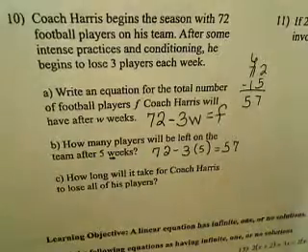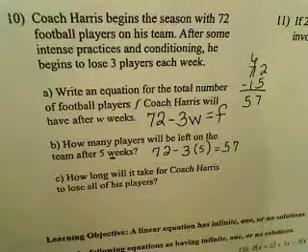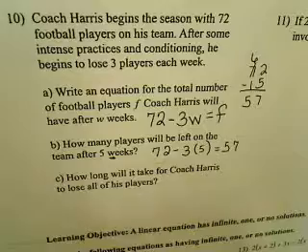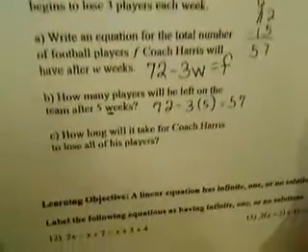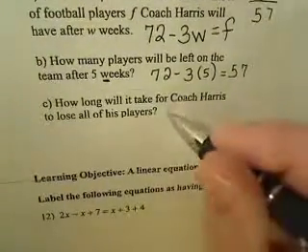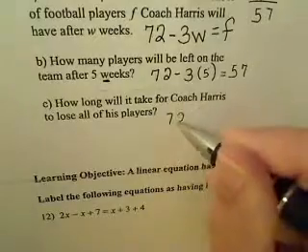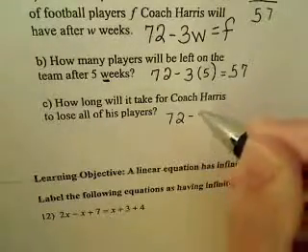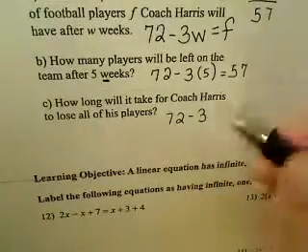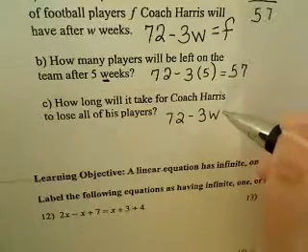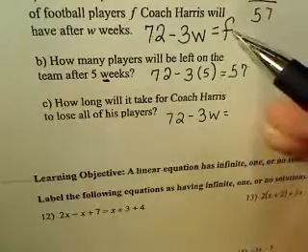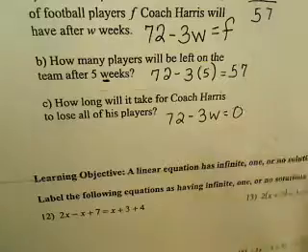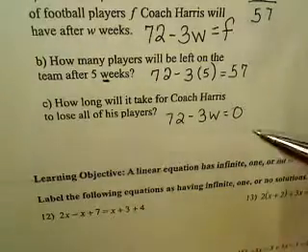Okay, and then here, how long will it take for Coach Harris to lose all of his football players? So if he starts with 72, he loses 3 per week. We want to know how many weeks it will take for his total number of football players to be 0. Okay, here we go.